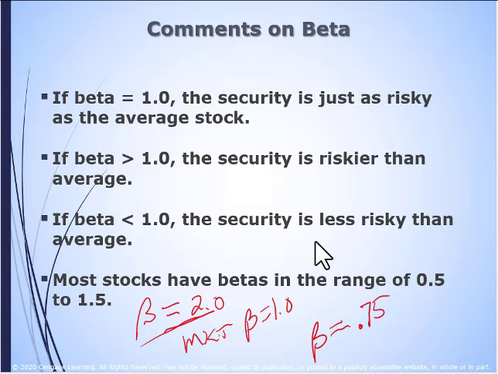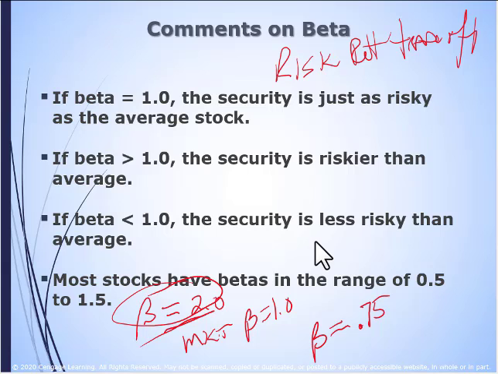Before we go and do any other kinds of calculations, how do you think that affects returns? Remember, we have this risk-return trade-off. As risk goes up, you expect returns to go up. So a high-risk asset should earn a greater rate of return than the stock market.